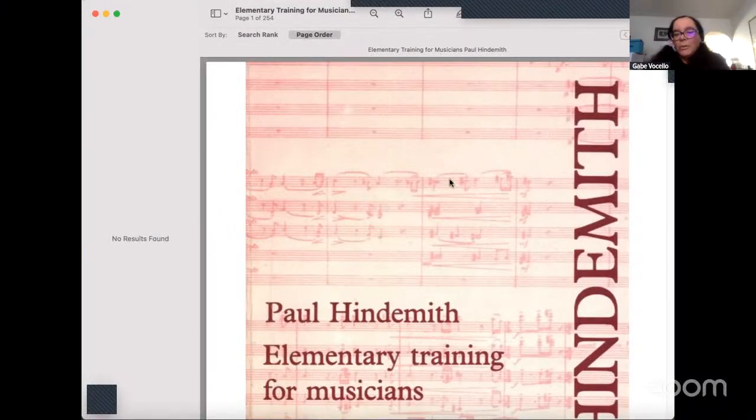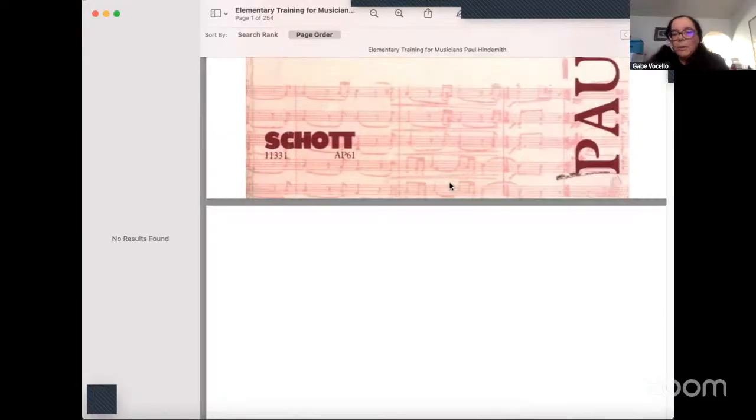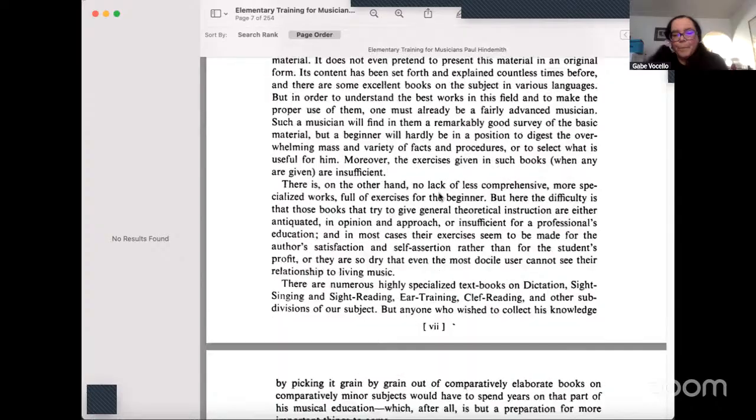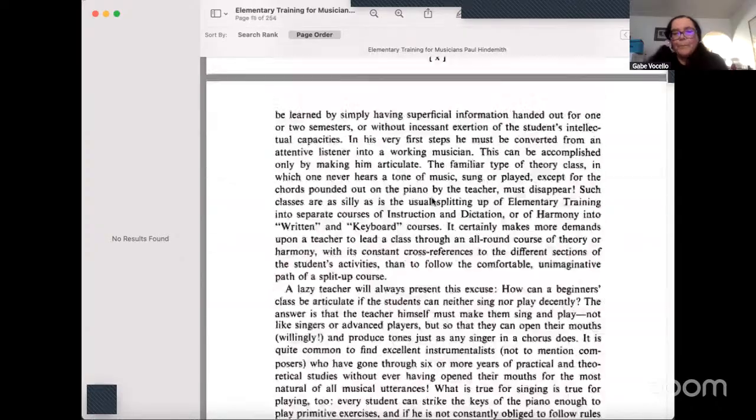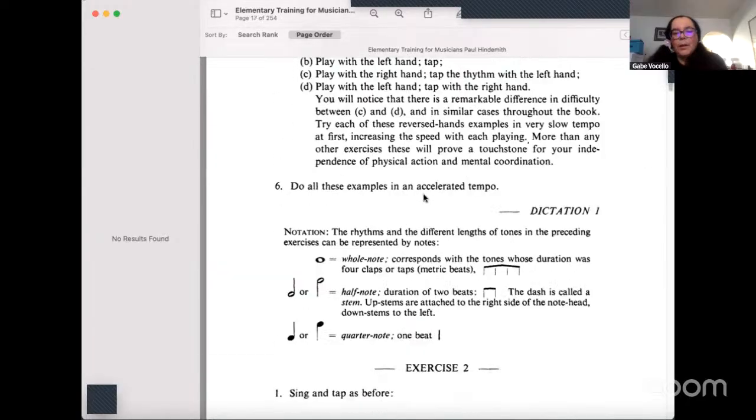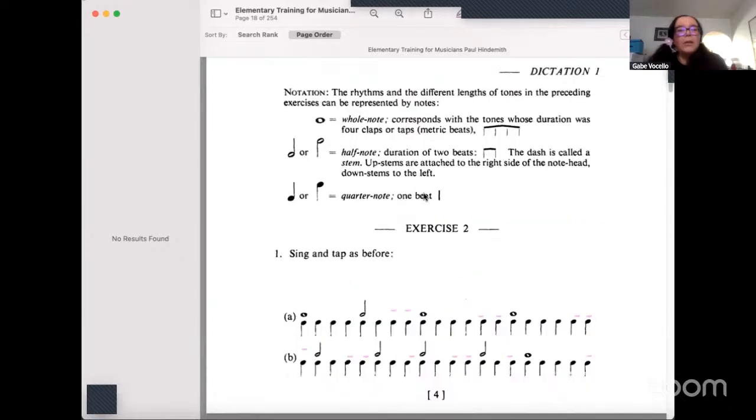In Elementary Training for Musicians by Paul Hindemith, exercise 2, printed page 4, I think.